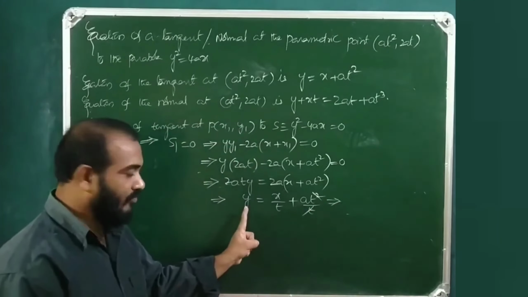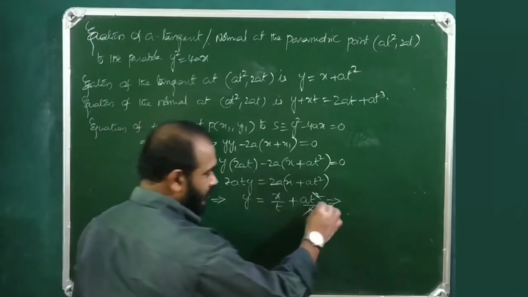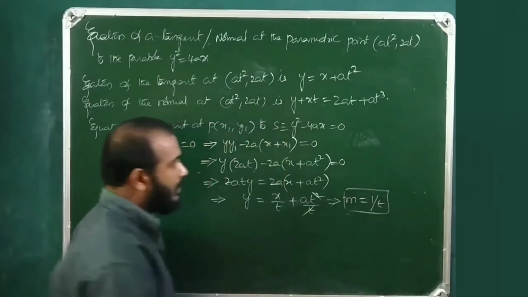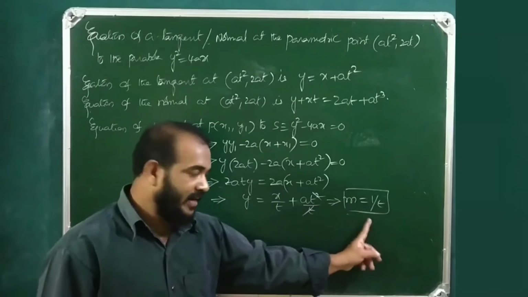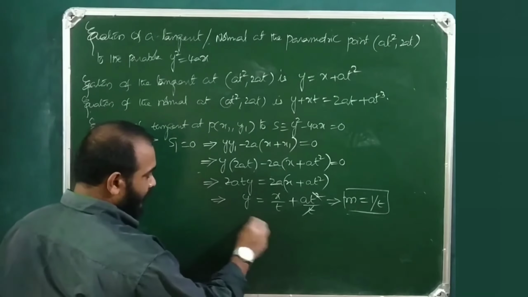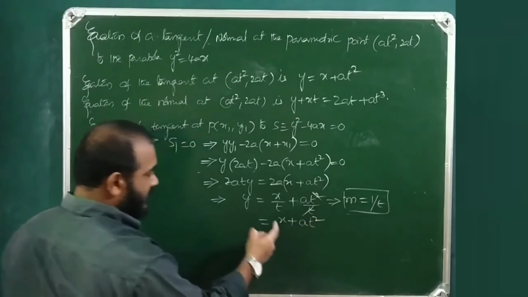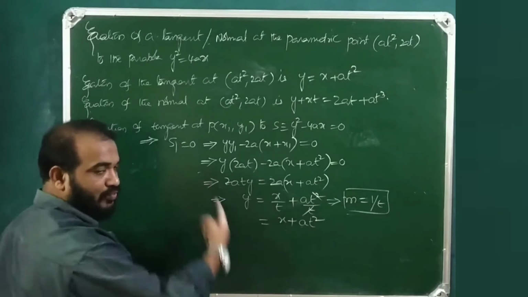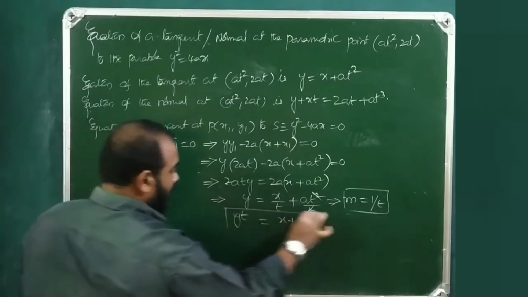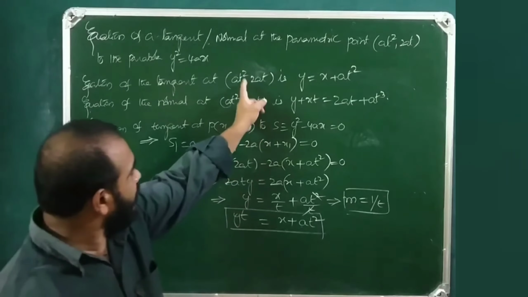If you compare this with y = mx + c, m is 1/t. So m = 1/t is the slope of the tangent, right? Now from this, if you take the LCM, then x + at² is cross multiplied with y. So yt = x + at². This is the equation of the tangent at this parametric point.